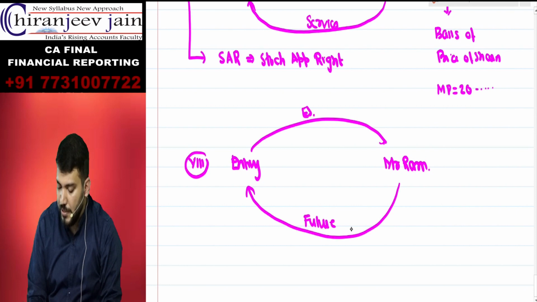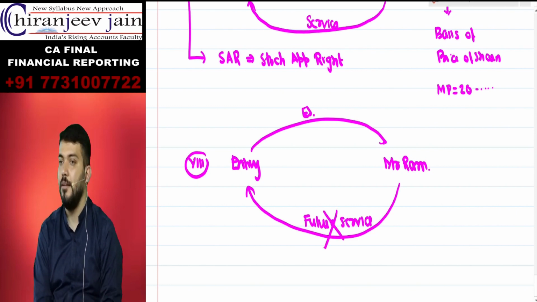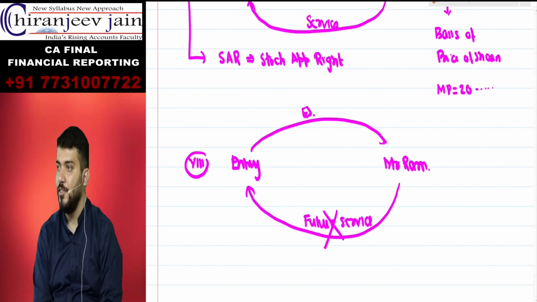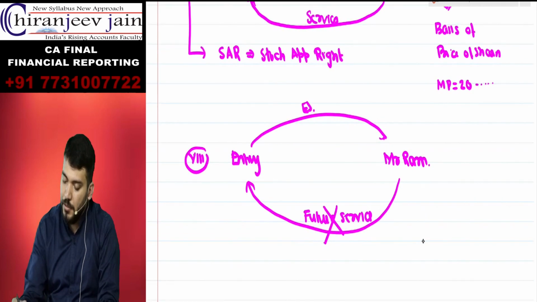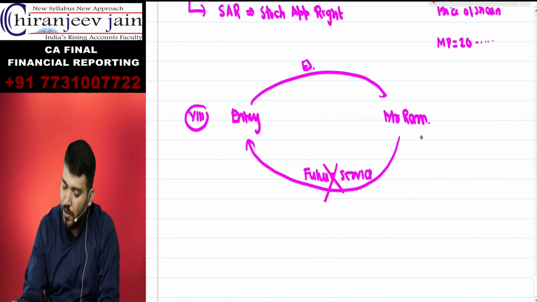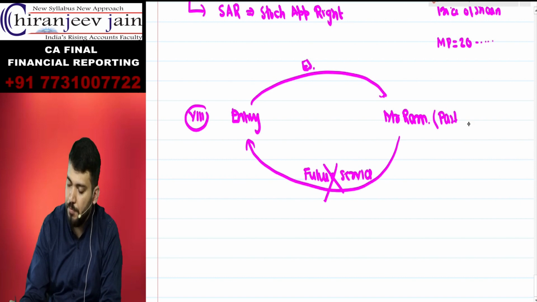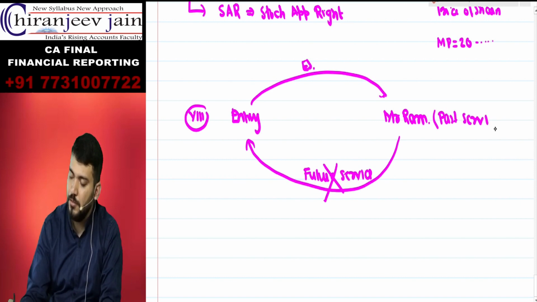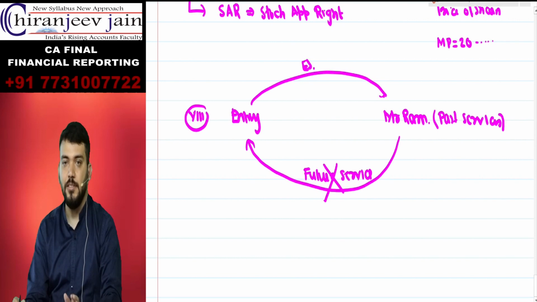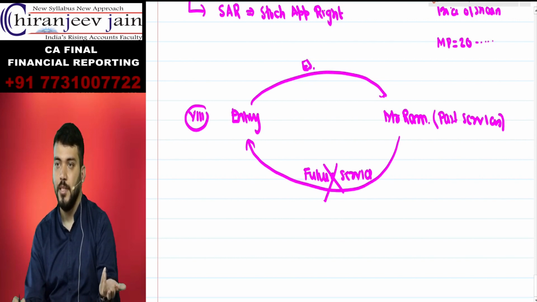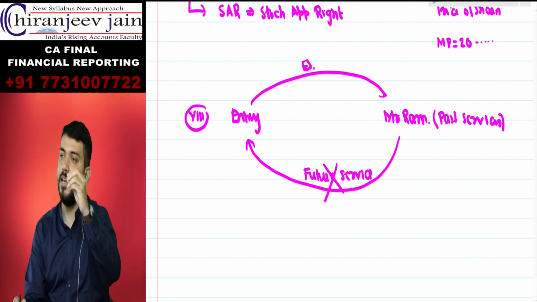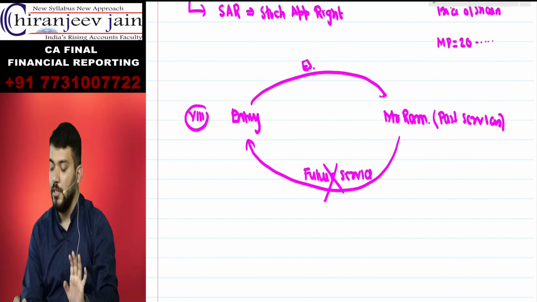Means there is no condition. It can also be possible. Means this is given for some past services. Means 10 years they have worked. Because of that, they have been given some shares. Are you getting it?